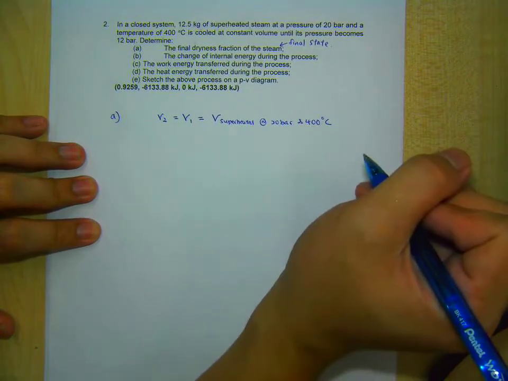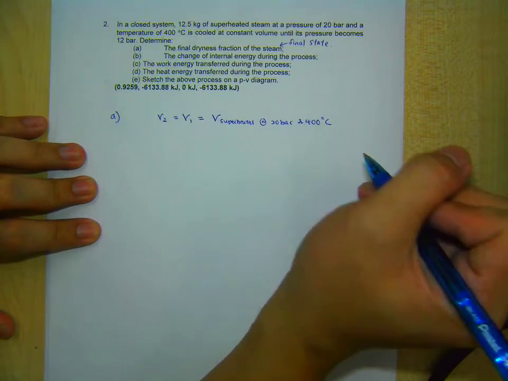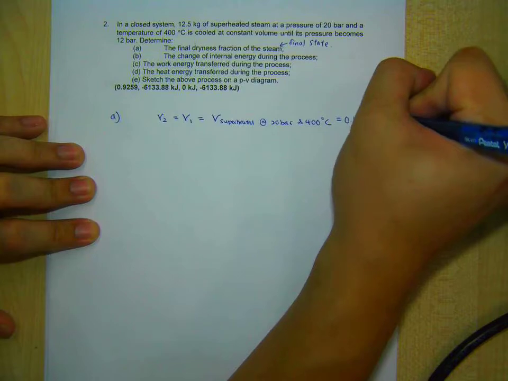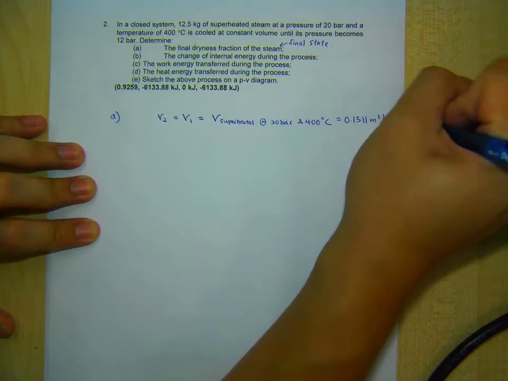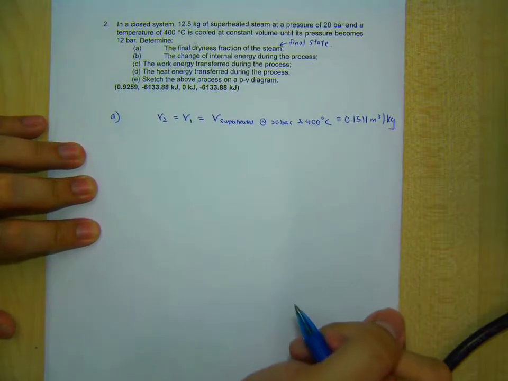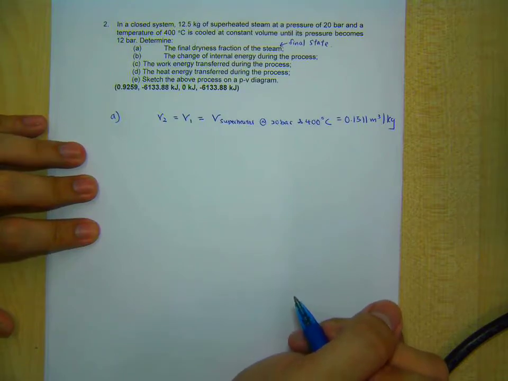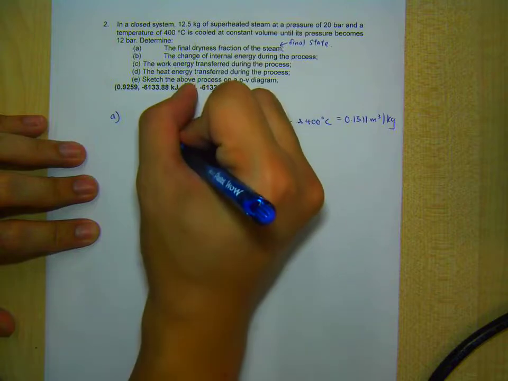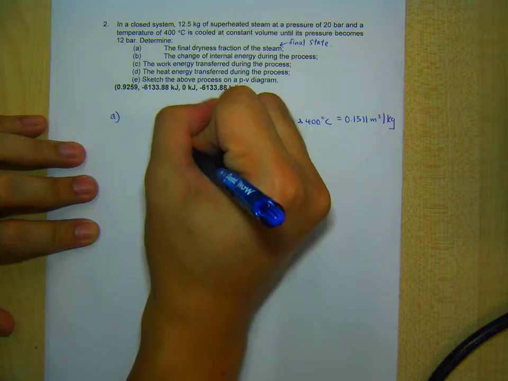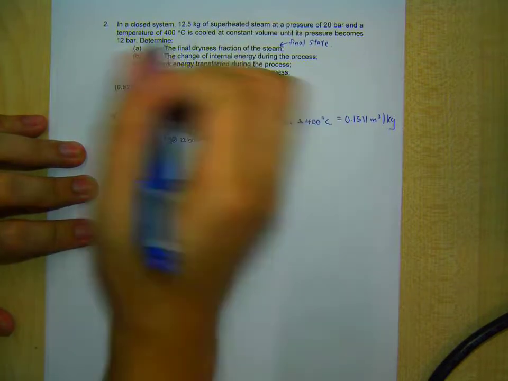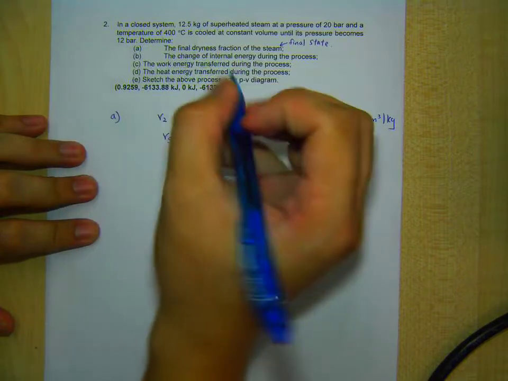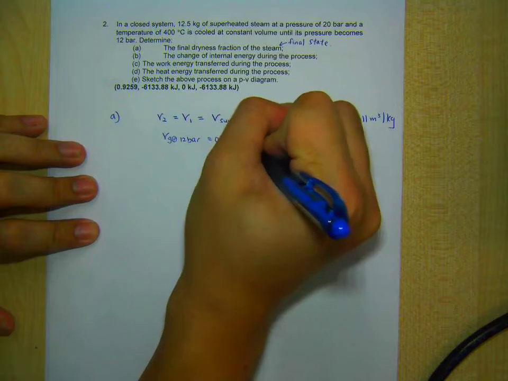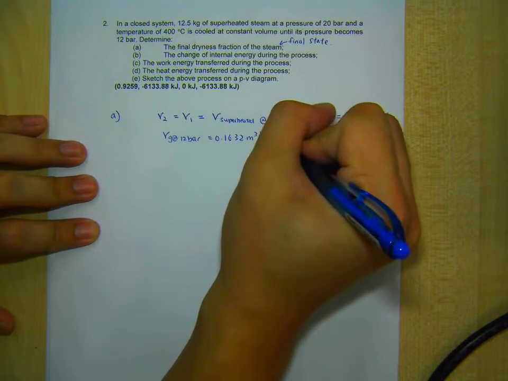So we go to the superheater table to find this V value, which is 0.1511 meter cube per kg. Next, we need the reference volume, which is Vg at 12 bar, because the final state is 12 bar. From the saturated water and steam table, Vg at 12 bar is 0.1632 meter cube per kg.